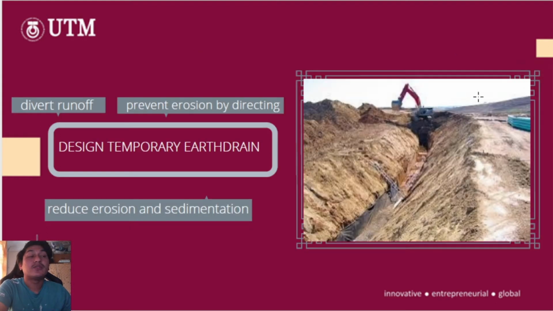So we move to our first design, which is the design of the temporary earth drain. The function of this design is to divert runoff to prevent erosion by directing the water flow and to reduce erosion and sedimentation. In the next slide, I will explain how to design this temporary drainage.